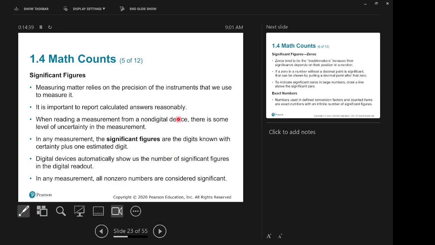Now, when reading a measurement from a non-digital device, there's going to be some level of uncertainty in that measurement. There's always some level of uncertainty in any measurement. You can never be 100% accurate. That's just impossible. However, a digital device is just going to tell you straight out what that number's accuracy is to some degree, okay? Because the digital device is just going to give you a number with decimal places, right?